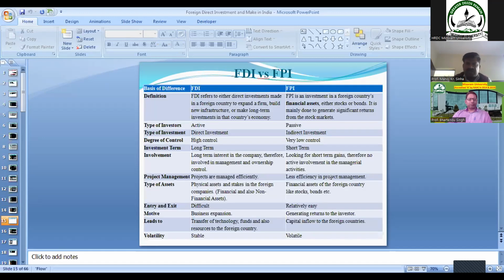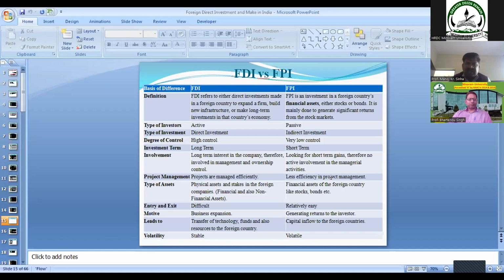Now, the difference between foreign direct investment and foreign portfolio investment. We already said FDI is a direct investment in the production activity in the host country. But FPI is an investment in a foreign country's financial assets. Financial assets may be stocks, bonds, debentures, and equity, and the investment is made in the stock market, which is called the secondary market.